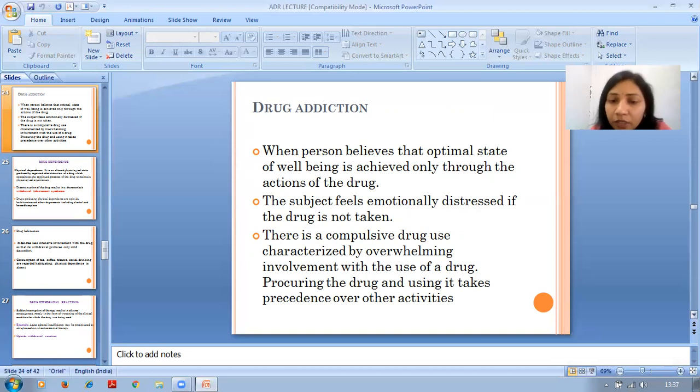Procuring the drug and using it takes precedence over other activities. It means the person is said to be drug addicted when he gives priority to the drug over other important things.